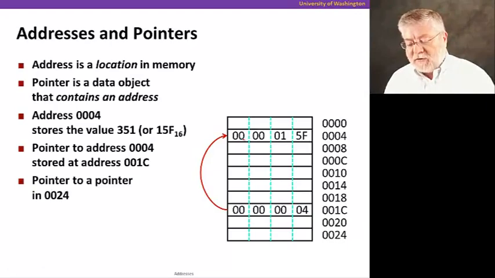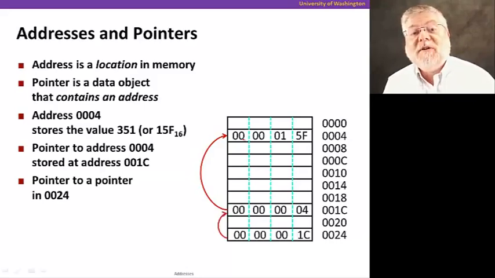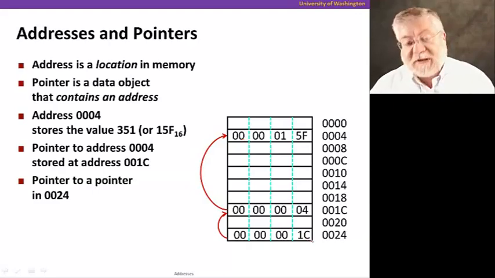I can have a pointer to that location in the address 0024 by placing the value 0000001C at the location 0024 in memory. Again, I am choosing to interpret this as an address, therefore it is a pointer to another memory location.